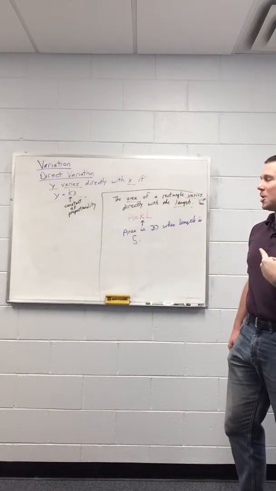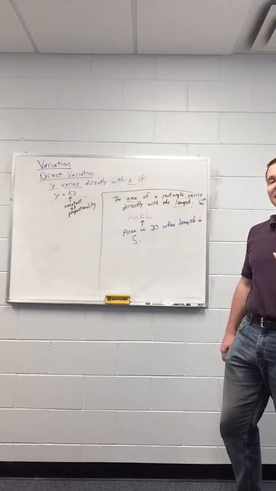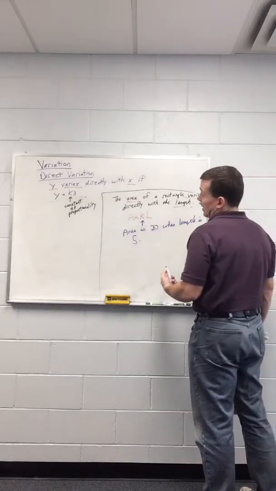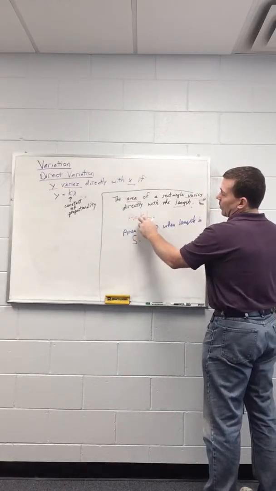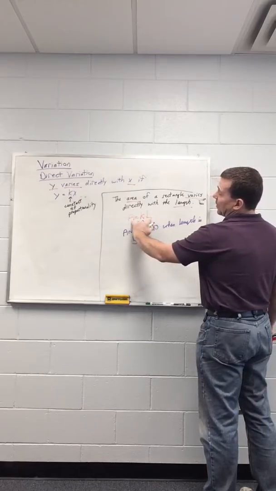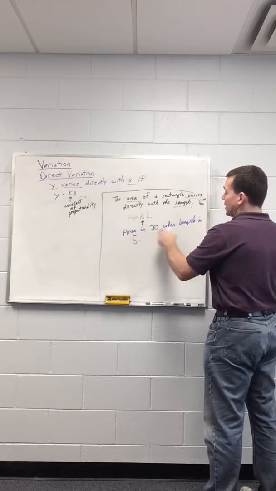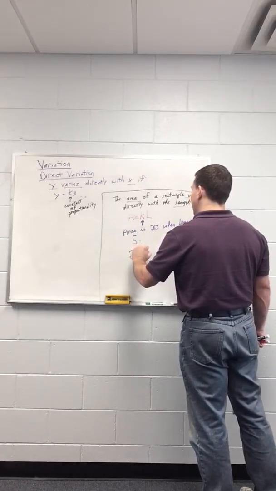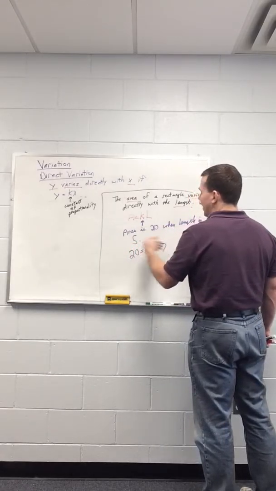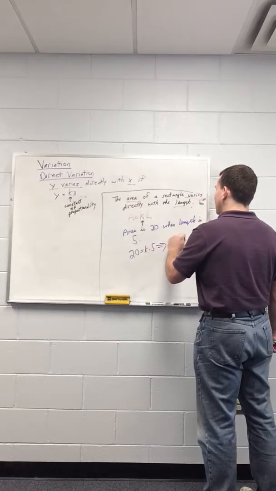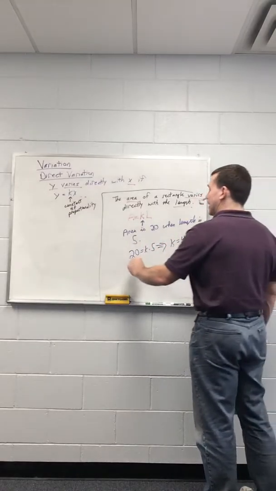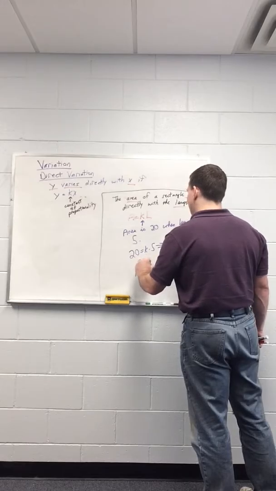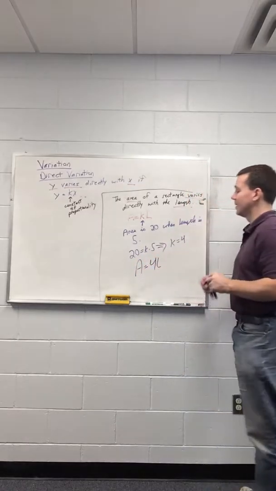This has to be part of the problem, because in order to find k, I need an A and an L that are related. Area is 20 when length is 5, so I can plug in 20 equals k times 5. Divide by 5, and k equals 4. Then I can rewrite my equation: A equals 4L.